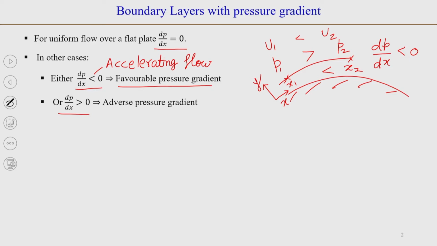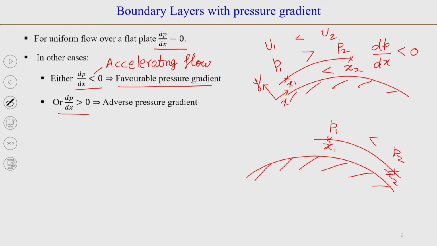Now, if on the other hand we have a dP by dx, let us say in this region, we again take 2 points, P1 and P2, but now let us say P2 is greater than P1, at points x1 and x2, with similar coordinates. So, in this case x1 is less than x2 and P1 is less than P2.